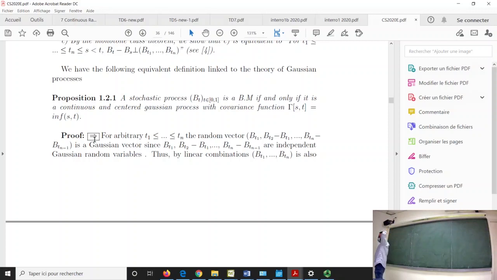In fact, it's not the original proof of the existence of the Brownian motion. I don't know if you have a chronology in mind, but the Brownian motion was first observed and described at the beginning of the 19th century, okay? And the first rigorous proof of its existence is from the beginning of the 20th century. So one century later.